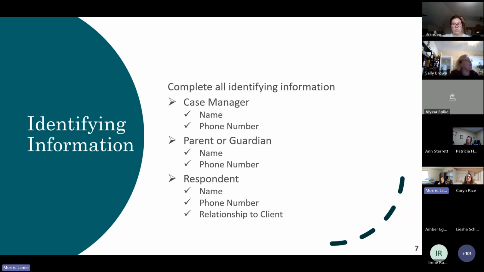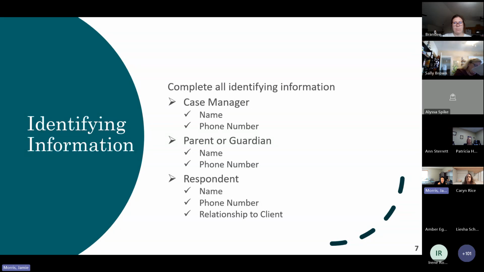If it's an independent adult, of course, you would be putting NA because they're their own person. The last one that we're going to talk about right now on this slide is the respondent. So who is completing this? We are asking that this is also completed, even if this is like an annual that you're completing.